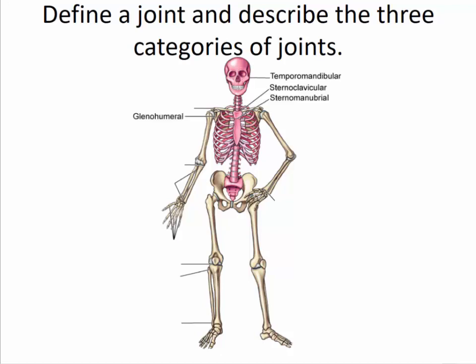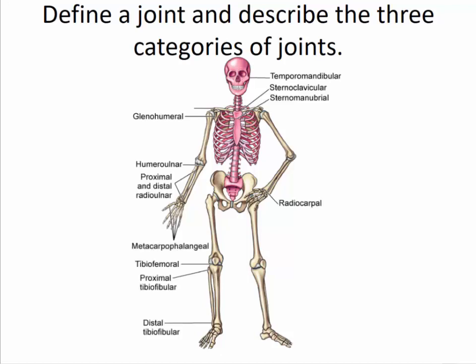The glenohumeral joint is a joint between the glenoid cavity of the scapula and then the humerus bone. The humeral ulnar joint is between the humerus and the ulna bone. And then we could just list a whole bunch of other joints here, but you'll notice that they're all made up of the bones that are involved in that joint.